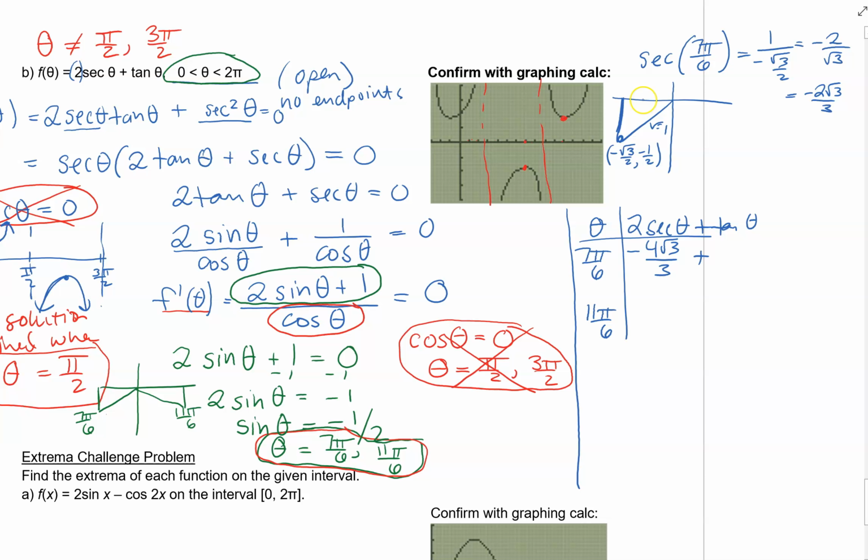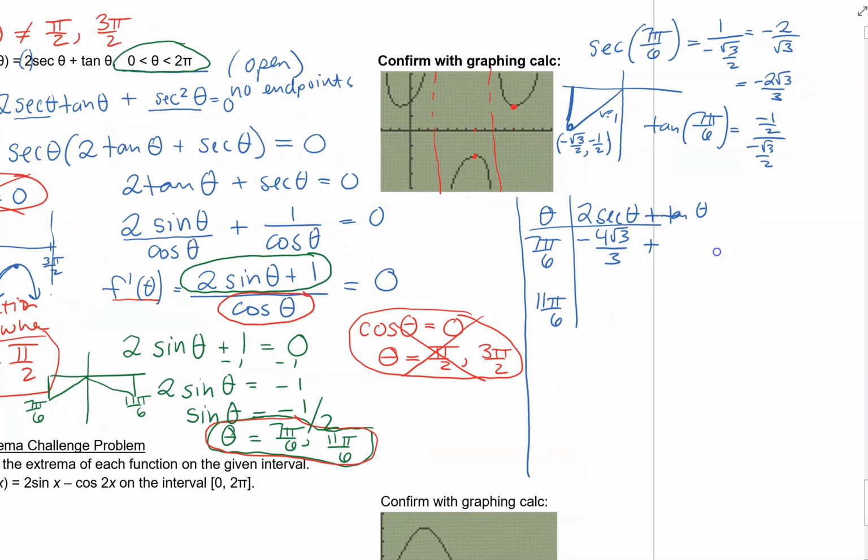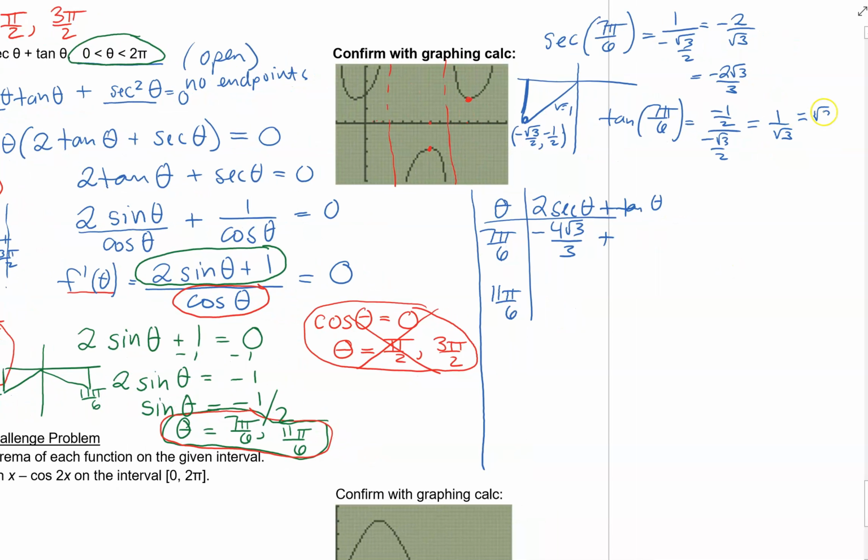And then tangent at that angle is y over x. So tangent of 7 pi over 6 is negative 1/2 divided by negative rad 3 over 2, which equals positive 1 over rad 3, which is the same thing as rad 3 over 3. So tan of 7 pi over 6 is positive rad 3 over 3.